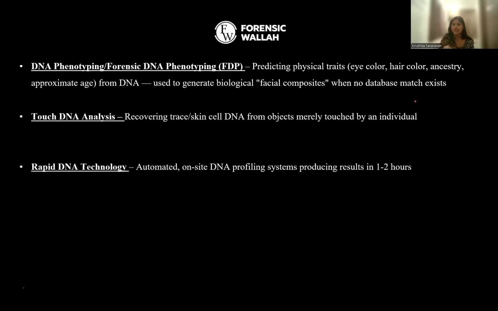And touch DNA: wherever you touch, your DNA is transferred to that place, and with recovery kits you can easily analyze touch DNA from it. Then we have rapid DNA technology. It's very fast: within 1 to 2 hours the results are generated, and on site you can easily produce the results.